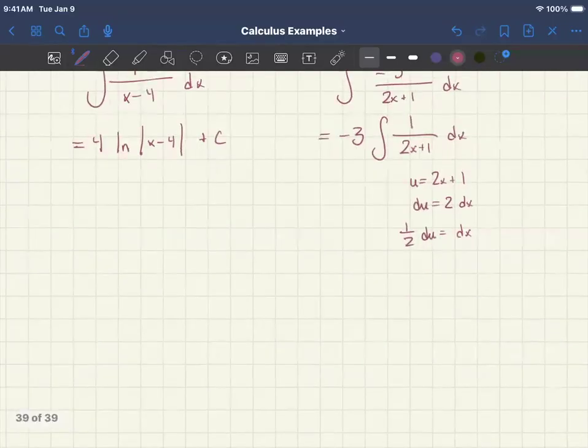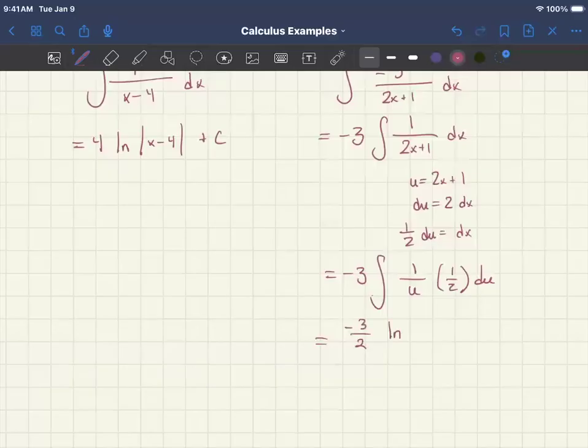So this gives us the integral of negative 3 times 1 over u times 1/2 du, which would end up being negative 3 over 2. And the antiderivative of 1 over u is just natural log of u, which would give us negative 3/2 natural log of 2x plus 1 plus c.